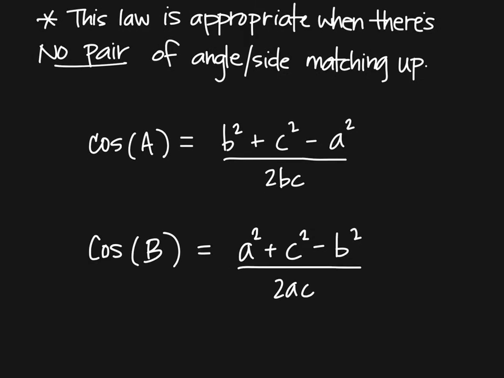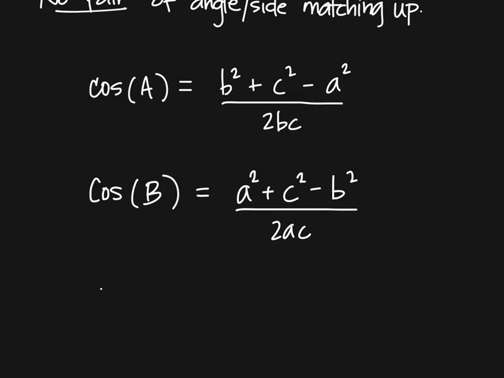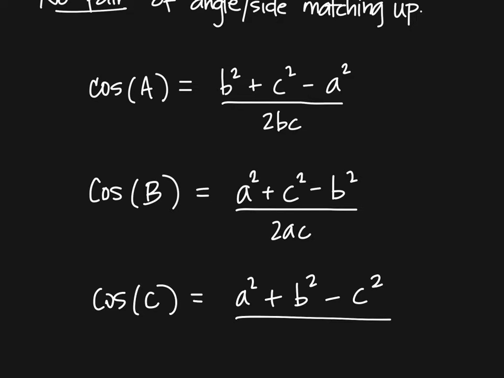And then, of course, there's the third and final version, cos C. Anybody want to try it? Yeah, go ahead. Yep, a squared plus b squared minus c squared over 2ab, exactly.